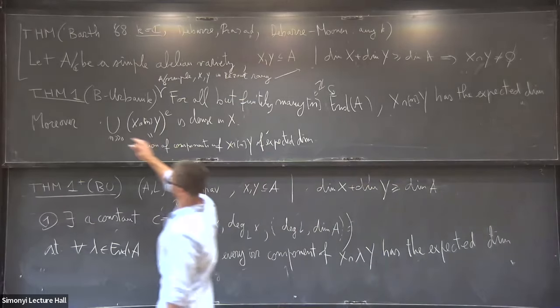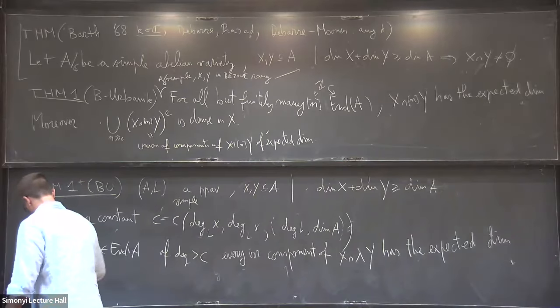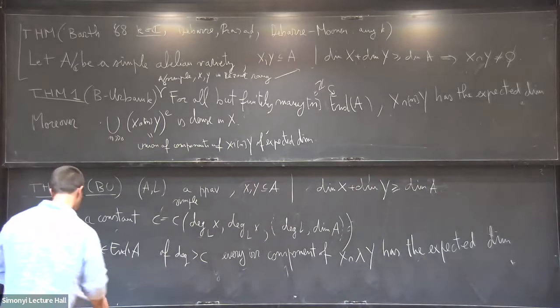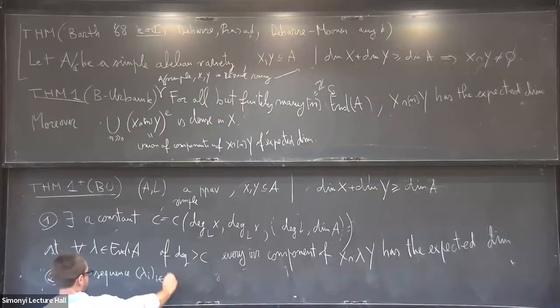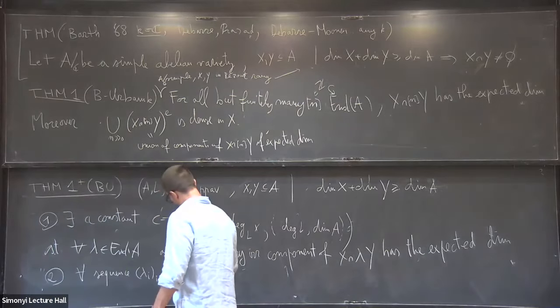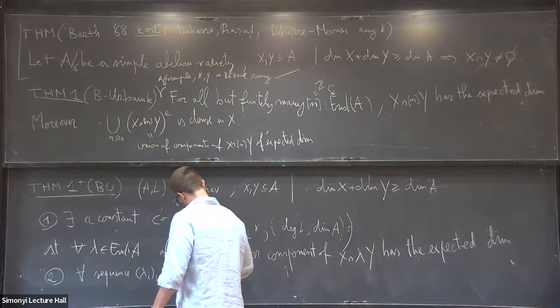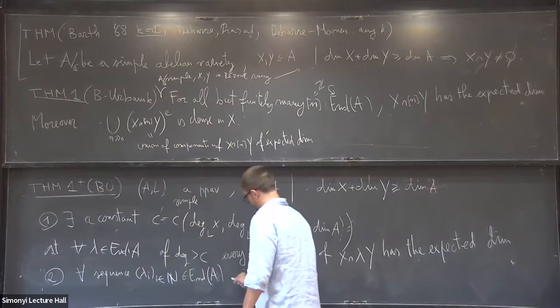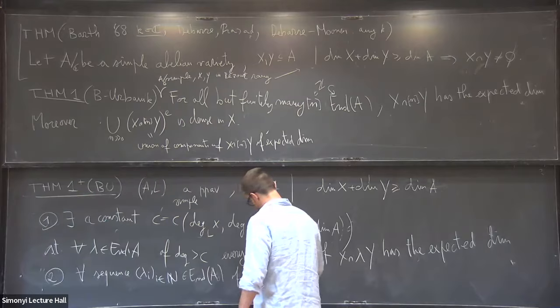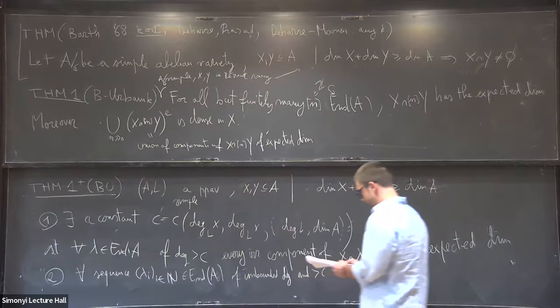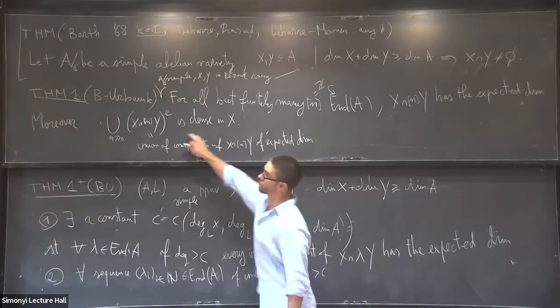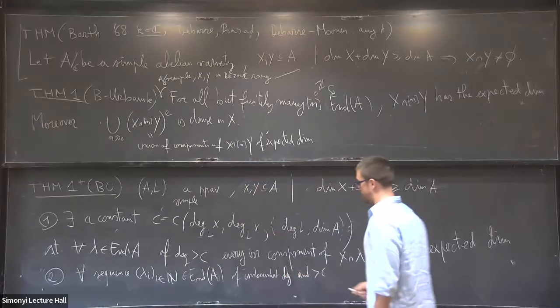And the furthermore part, the moreover part, is the following, and it's related to Peter's question. So for any sequence now lambda_i in End A of unbounded degree and bigger than C, in fact, you don't need to take the union of all intersections because there's some equidistribution behind the scenes.